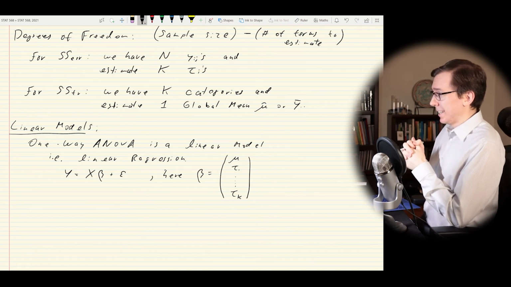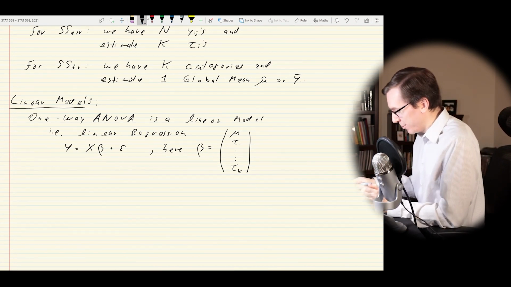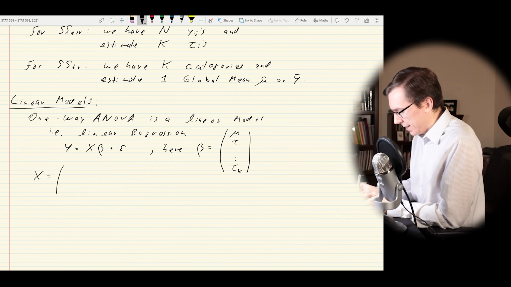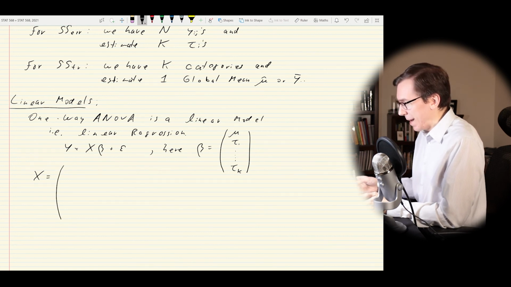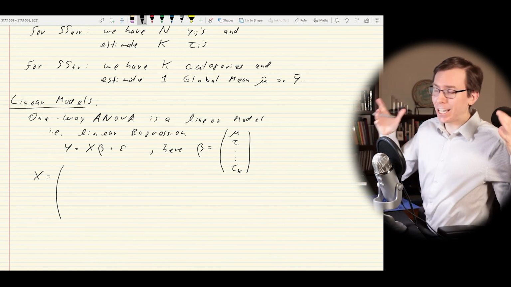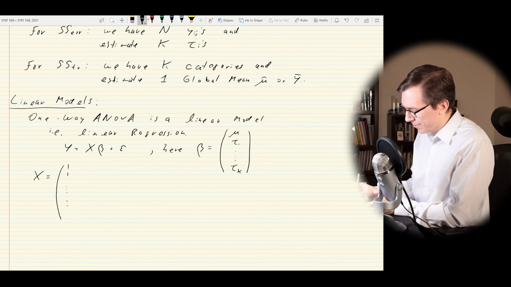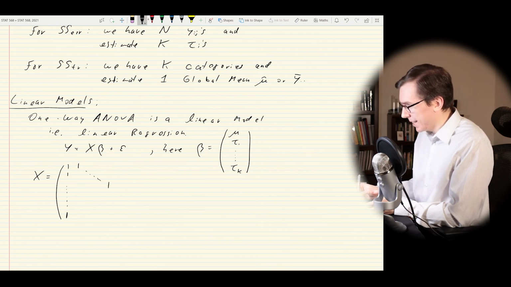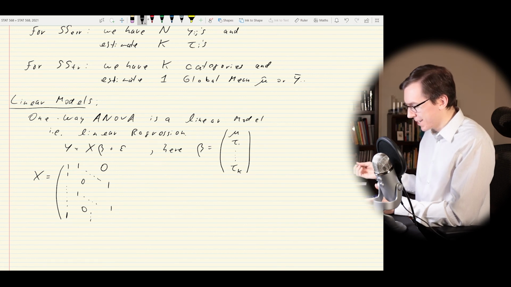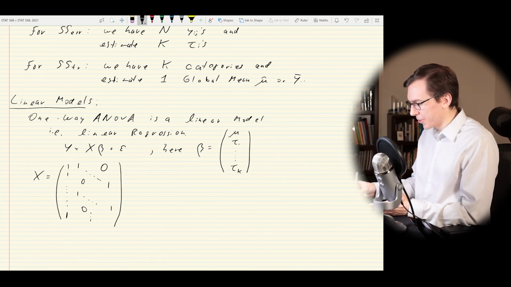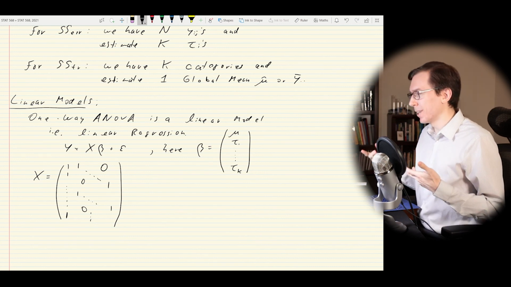Okay, and I should also point out what x is. X is our design matrix, and it's going to look horrendous. It's just a giant matrix with lots of ones and zeros. Just for the sake of writing it out, you're going to have ones in a peculiar diagonal pattern going all the way down, and then zeros everywhere else. I have a slightly nicer version of this in my typed notes online if you want to look at it.